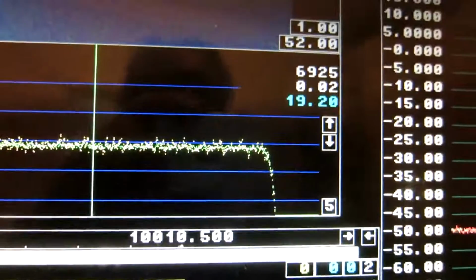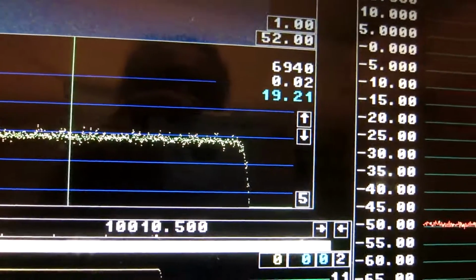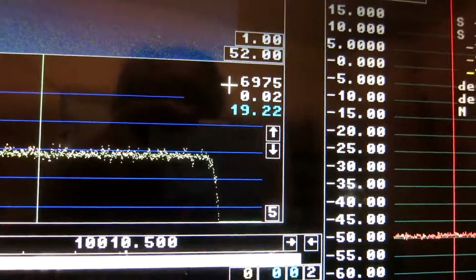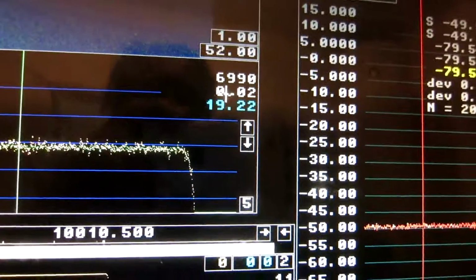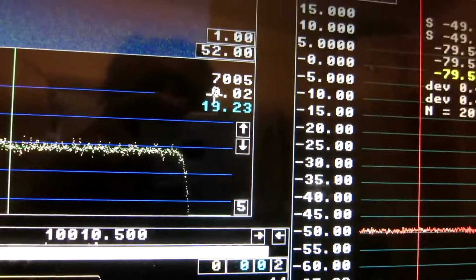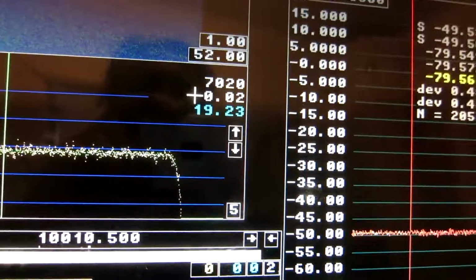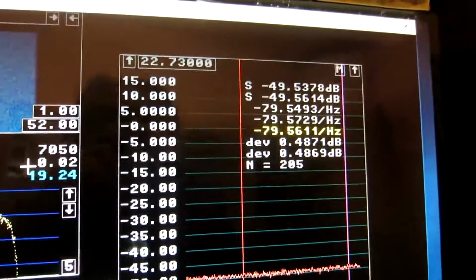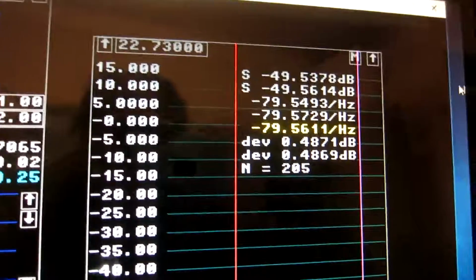I'm running in correlation mode 1, and it has collected 7,000 averages. But the correlation advantage is 0.02 dB. Actually it is 0, but I didn't set levels absolutely correctly.